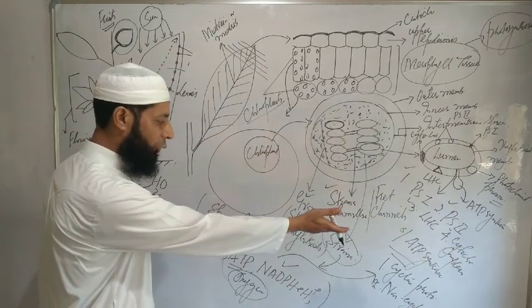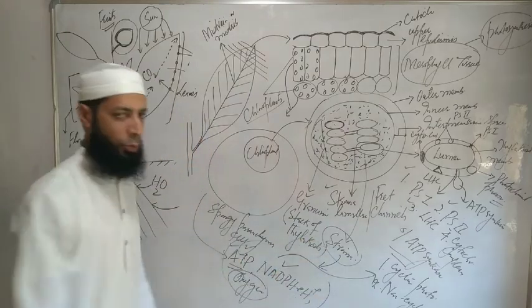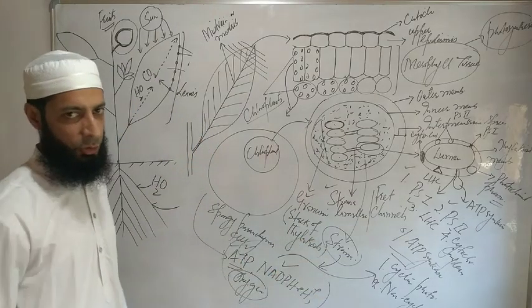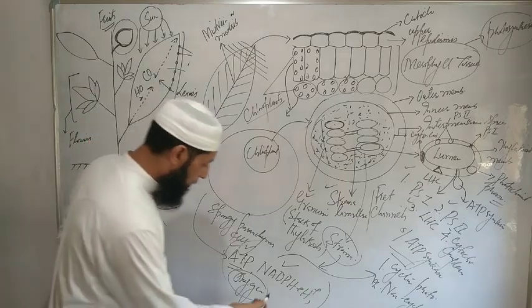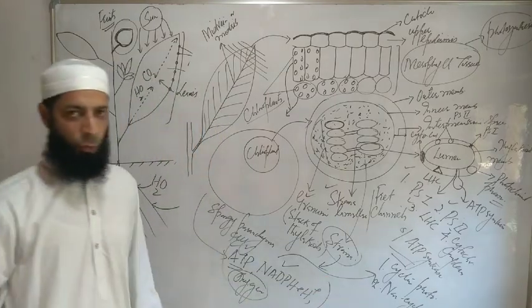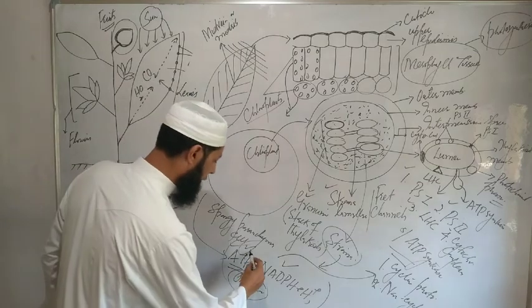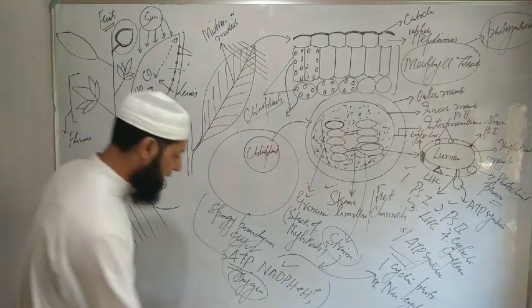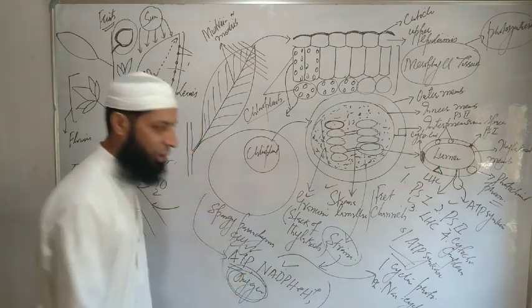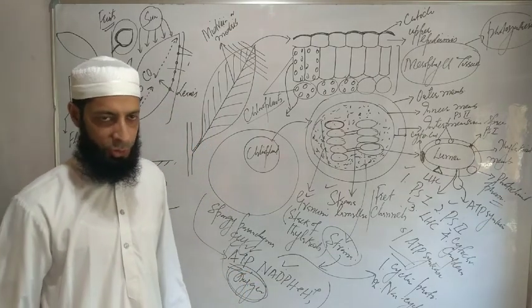In cyclic photophosphorylation, only ATP is produced. How? That I will learn later on. And during non-cyclic photophosphorylation, there is production of ATP and NADPH plus H positive, as well as photolysis of water that gives rise to oxygen.